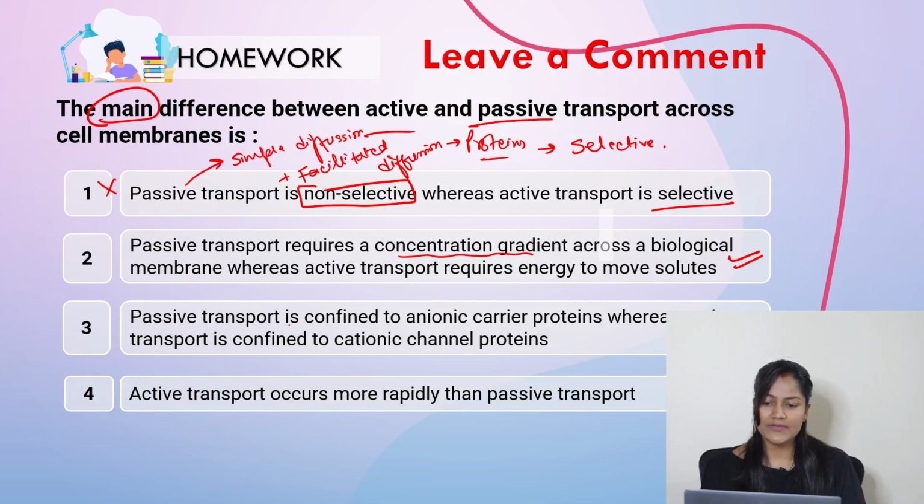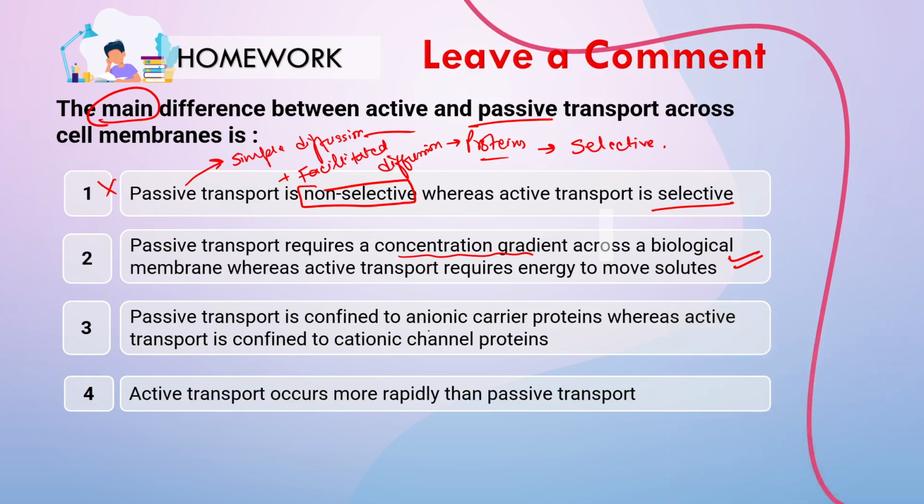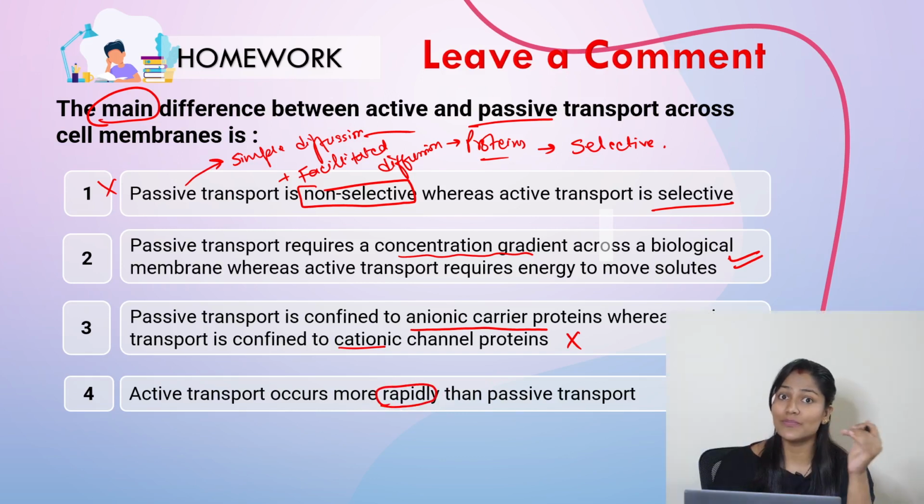Next one: passive transport is confined to anionic carrier protein, whereas active transport is confined to cationic channel protein. It doesn't have anything to do with the charge of the ion, right? Next option: active transport occurs more rapidly than passive transport. The word rapid doesn't mean faster.